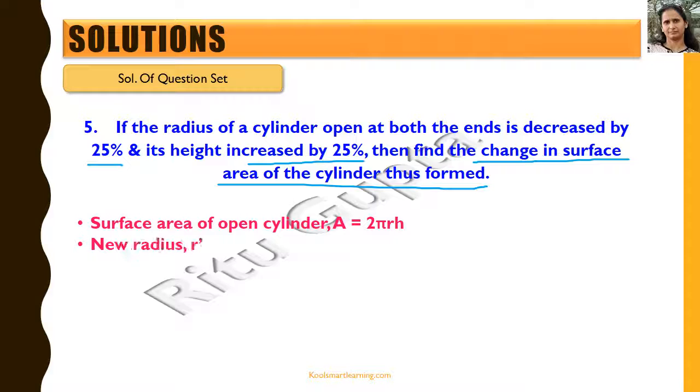So now the new radius R dash is 0.75 into R because the radius is decreased by 25%.